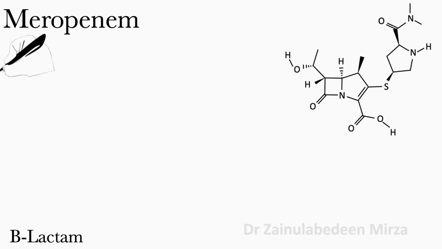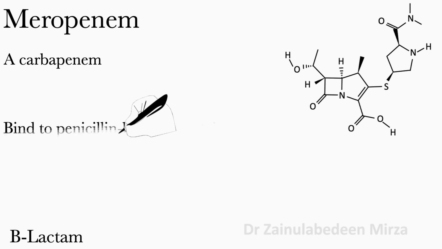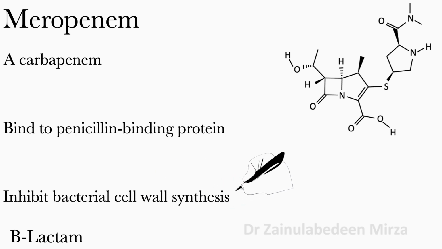Meropenem is a carbapenem that binds to penicillin-binding proteins and inhibits bacterial cell wall synthesis. Meropenem is active against most gram-positive and gram-negative bacteria, including E. coli, Pseudomonas aeruginosa, and methicillin-sensitive Staphylococcus aureus, and meropenem produces bacterial cell death in most susceptible organisms.